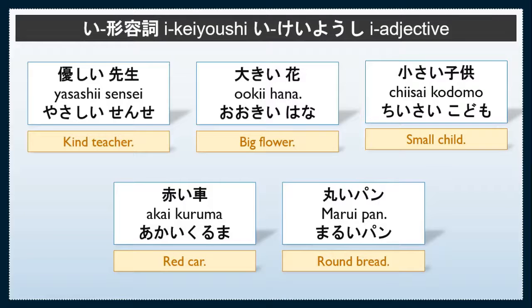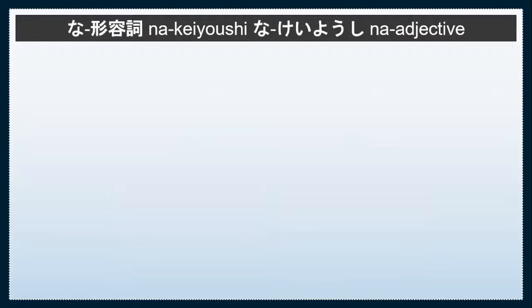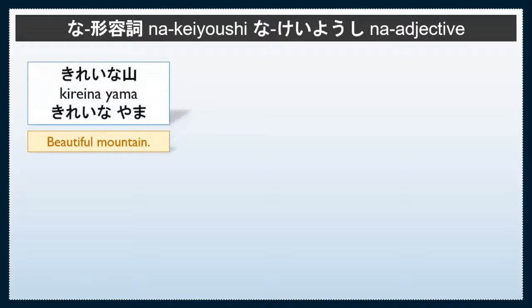Before showing you some examples, in na-keiyoushi, there are some words that end with i. Even though they end with i, they are considered na-keiyoushi. For example, beautiful mountain is きれいな山, kireina yama.